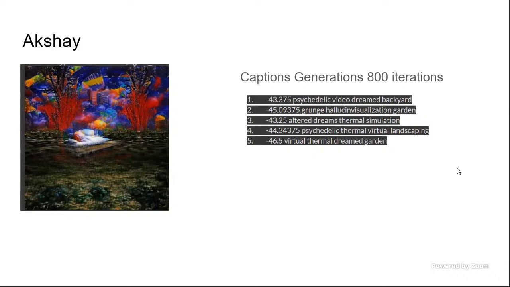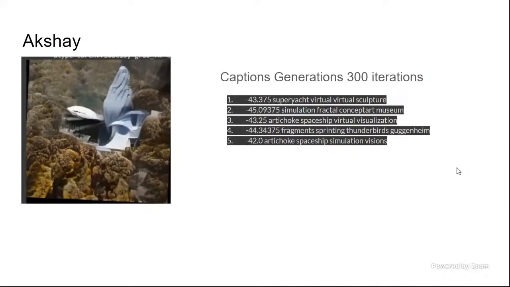On my next one, this is something that I had produced using Big Sleep. I'd given the caption a coral museum designed by Zaha Hadid. And these are the kind of outputs that it had given me: super yacht, virtual sculpture, and fragments printing Thunderbirds Guggenheim. But the Guggenheim part kind of made sense.